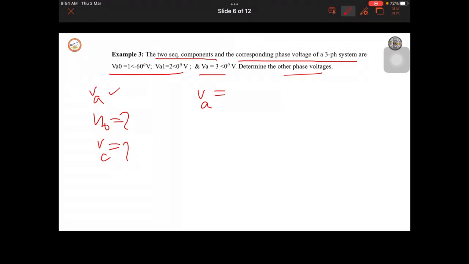VA can be written as VA0 plus VA1 plus VA2. Here VA is given, VA1 is given and one other component is given, so you can find the remaining component.